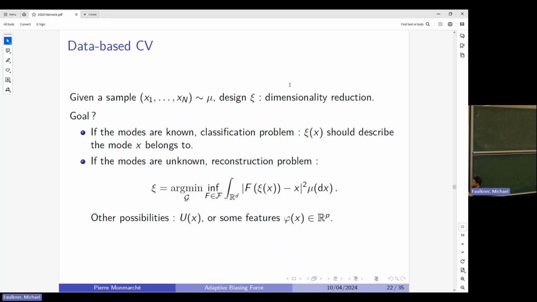So of course I don't say what the functional spaces are here. I say that I want xi which loses the least information in terms of squared distance, in the sense that ideally there would be a function which reconstructs x up to some minimal error.